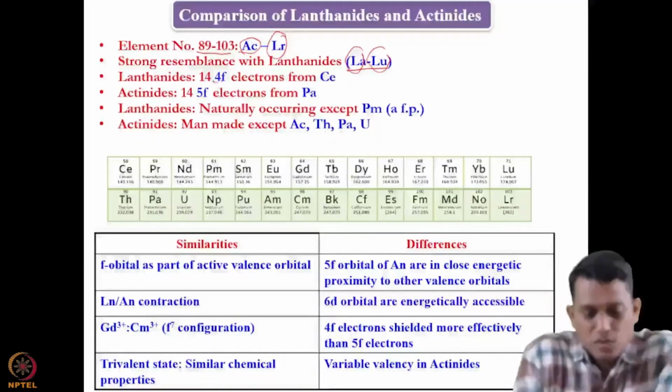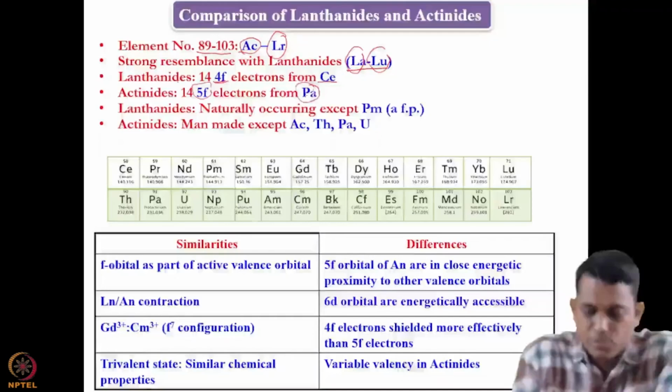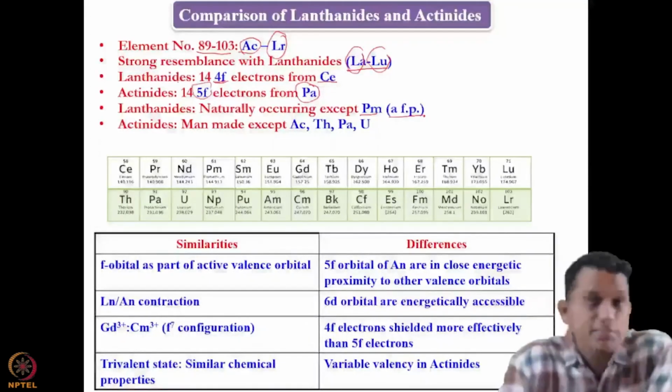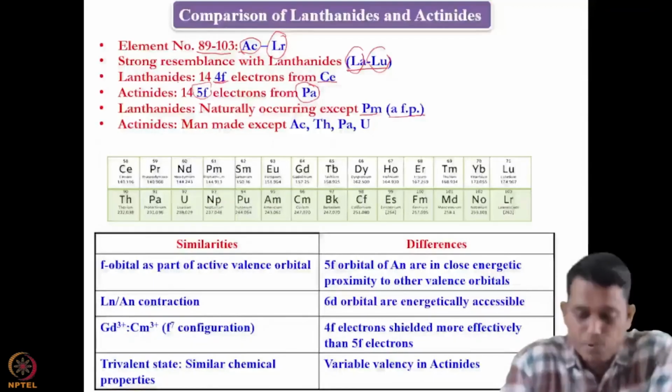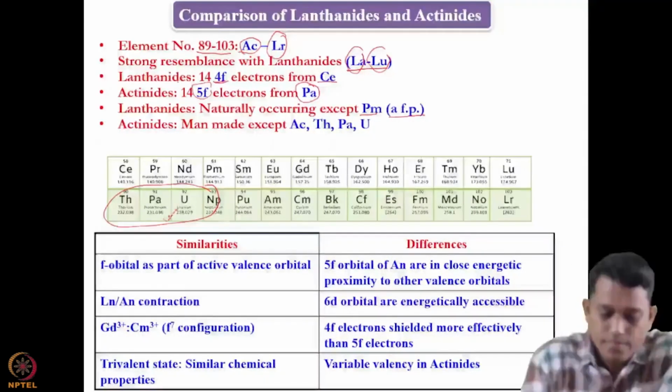The filling of f electrons starts at cerium in the case of lanthanides, whereas it starts at protactinium in the case of actinides. Most of the lanthanides are naturally occurring except promethium, which is a fission product, whereas actinides are generally man-made, and only a few of them, such as actinium, thorium, protactinium, and uranium, the first few in the series, can be found in nature.